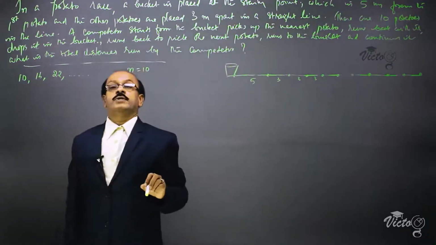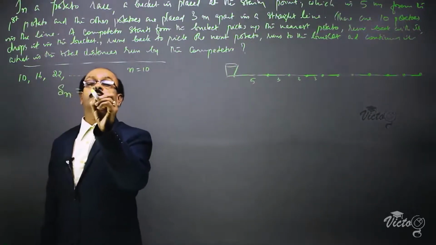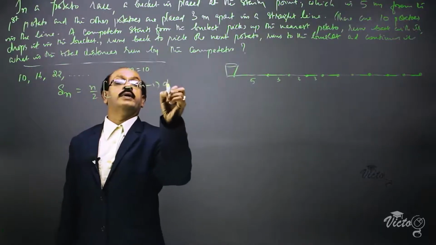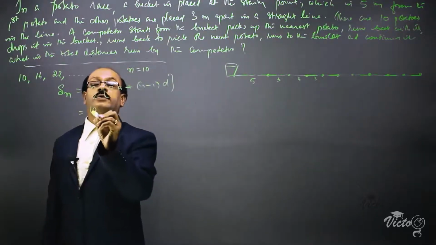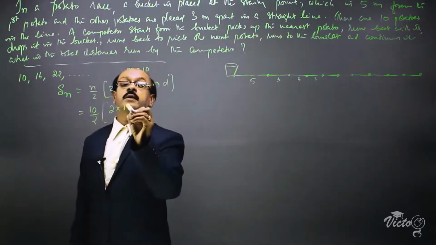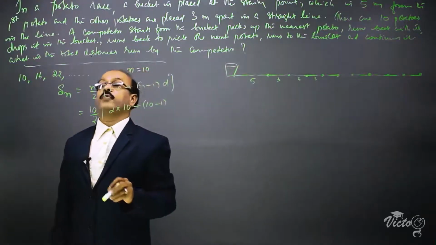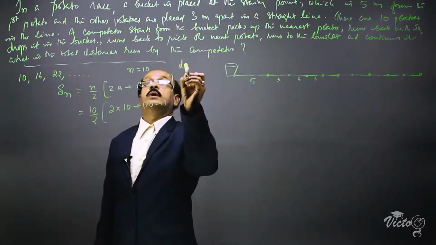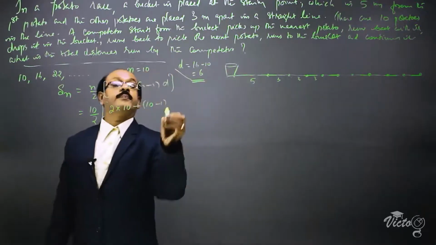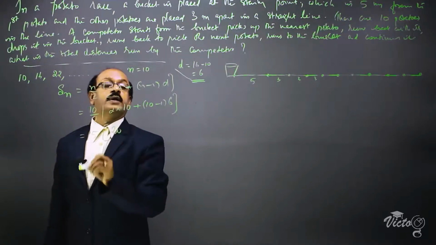Okay. We are using the formula for finding the sum. Sn is equal to n by 2 into 2a plus n minus 1 into d. Here n is equal to 10. 10 by 2 into first term, 10, plus n minus 1, means 10 minus 1, into common difference d is equal to 16 minus 10, which is equal to 6. d is equal to 6. 10 by 2, it is 5. 2 into 10, 20.